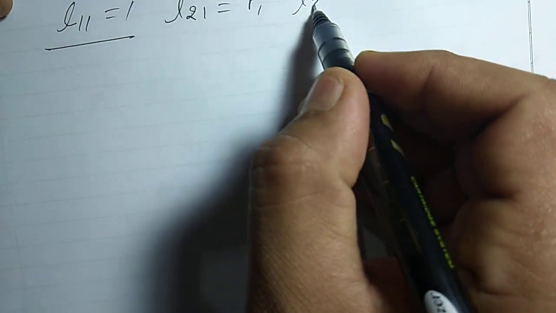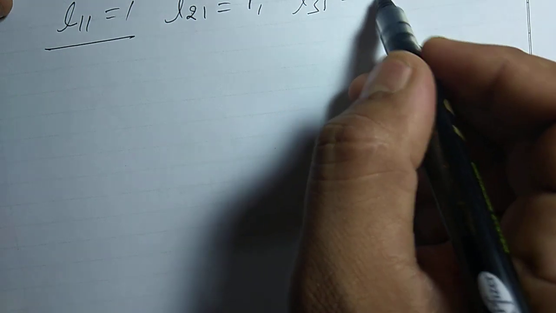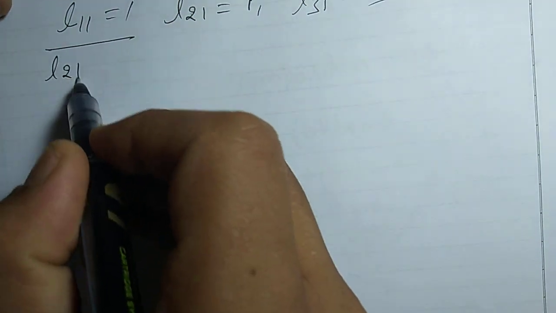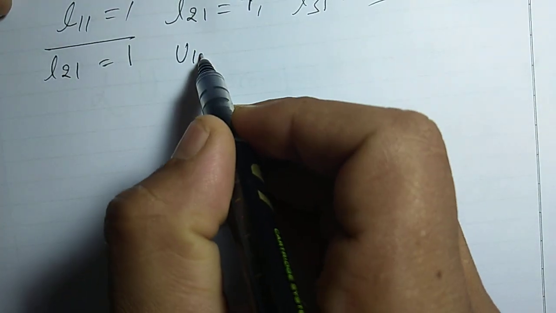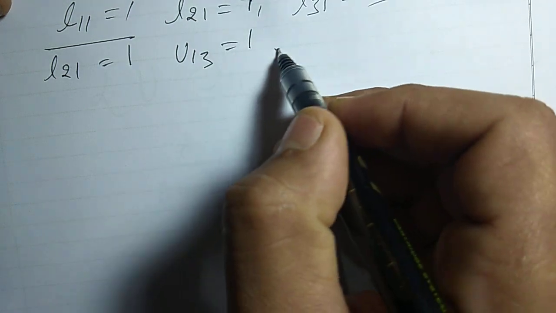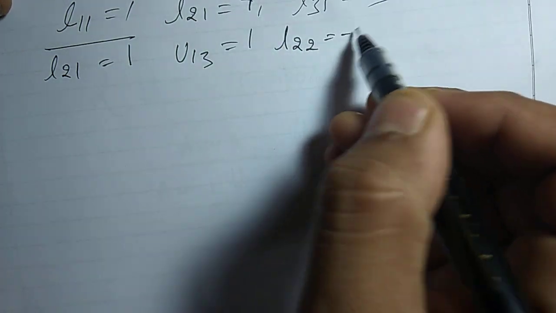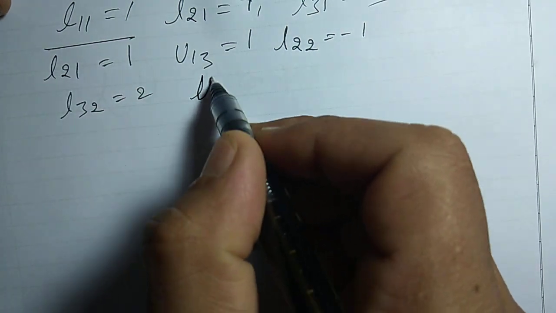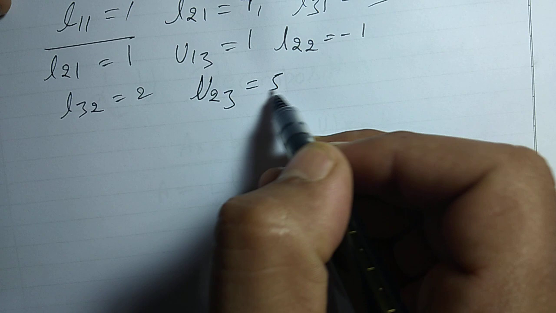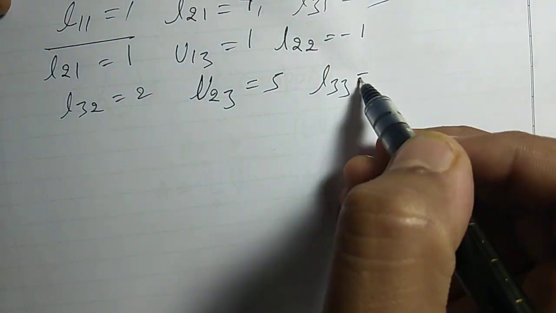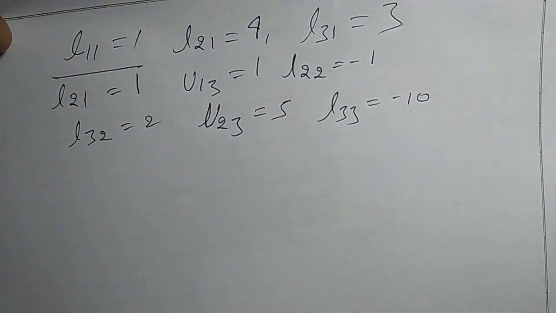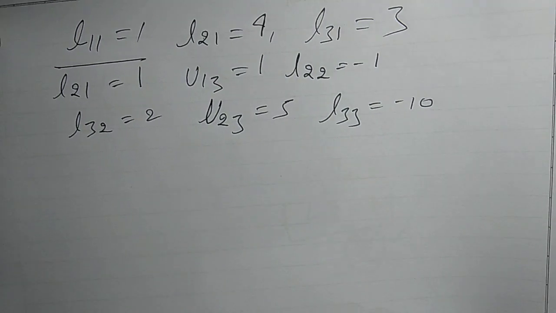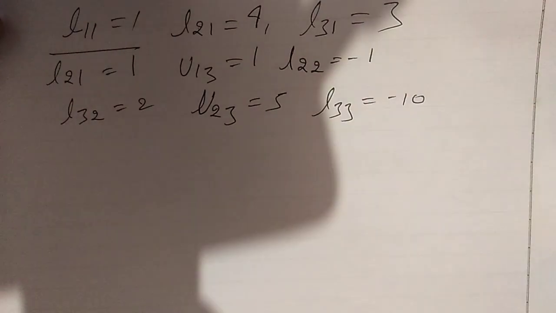If we solve all 9 equations, we get L11 equal to 1, L21 equal to 4, L31 equal to 3, U12 equal to 1, U13 equal to 1, L22 equal to -1, L32 equal to 2, U23 equal to 5, and L33 equal to -10. These are the values of the unknowns.